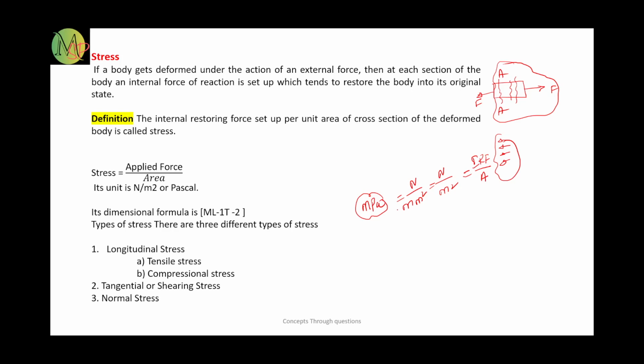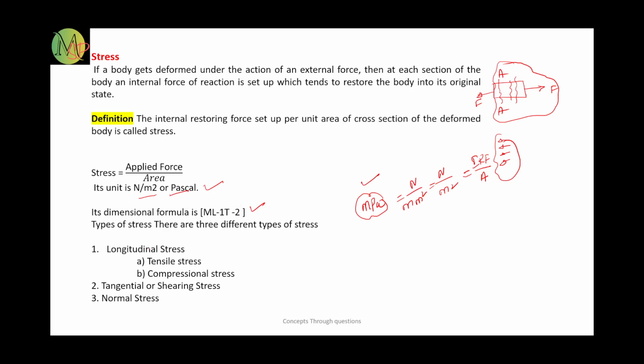The unit is Newton per meter square, or Pascal, or megapascal. The dimensional formula is M L raised to minus 1 T raised to minus 2. This has been repeatedly asked in NEET and JEE exams for 1 mark, so you can remember this.